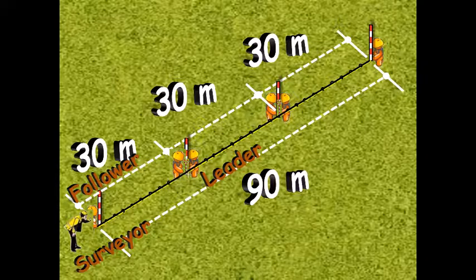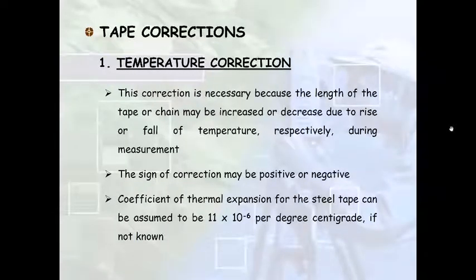You need to put up these intermediate points, and you want to put up these points at exactly 30 meters. So before that, you need to make sure that if your measuring tape is telling you that it is measuring 30 meters, that is exactly 30 meters on the ground. So the number of errors that can arise are due to different factors.